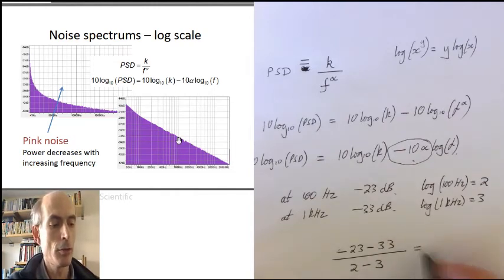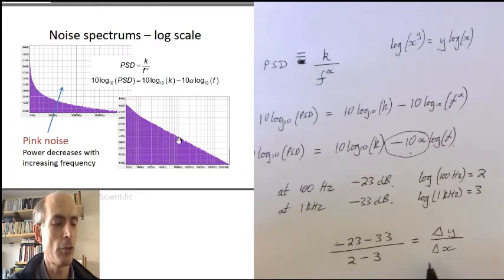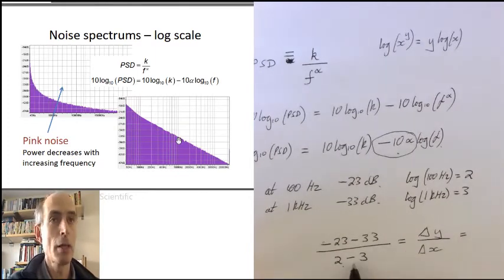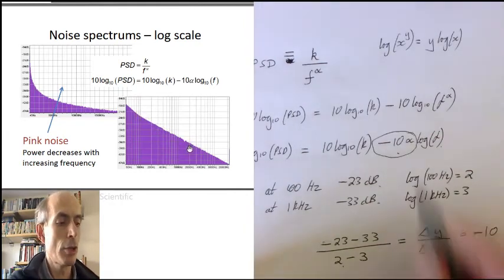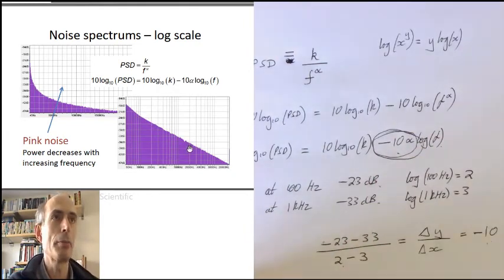That's the difference in the y coordinates of these 2 points divided by the difference in the x coordinates of these 2 points. Well, that is 10 over minus 1, so that's minus 10. That's the gradient of this graph here. The theory predicts that the gradient should be that.